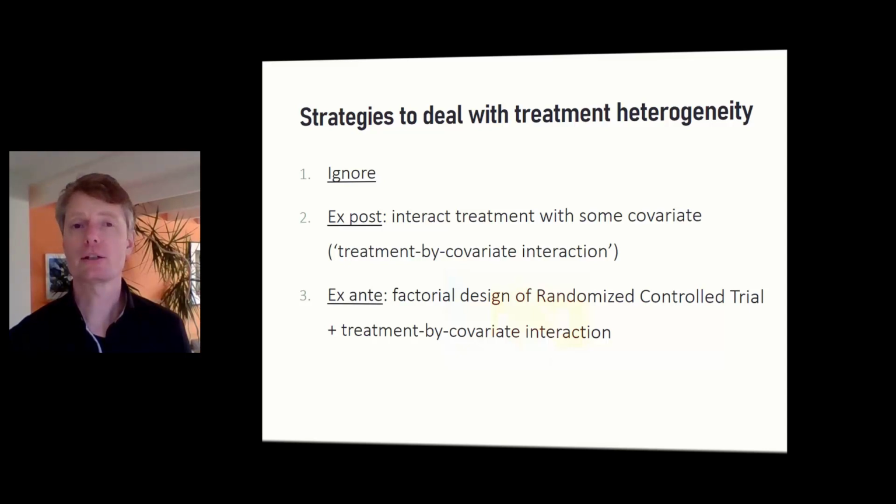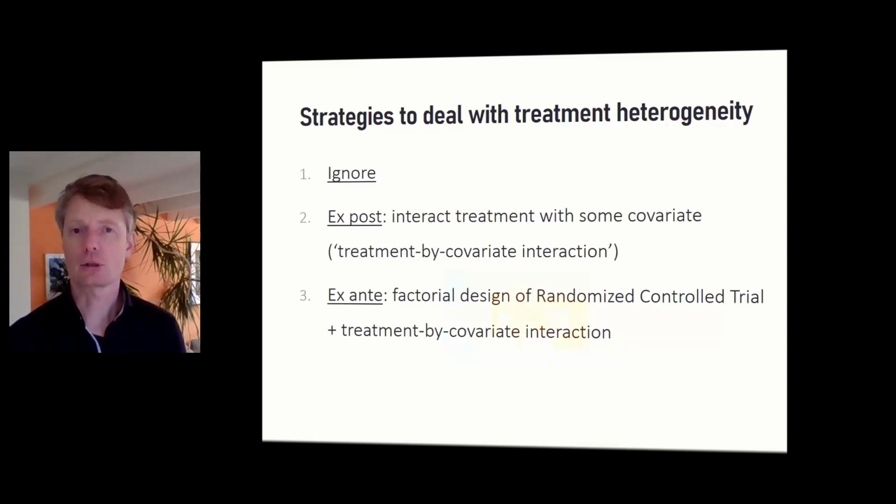An alternative strategy is to collect your data after you have conducted your experiment and then see whether you find any meaningful treatment heterogeneity. And in that case, you use treatment by covariate interactions. A last strategy is to think about treatment heterogeneity before conducting your experiment.